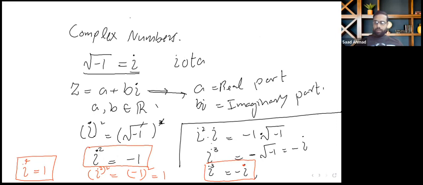Then we can add them, multiply them, divide them, just like normal numbers. Let's say we have a complex number Z1 equals A plus BI, and a complex number Z2 equals C plus DI. We want to add them.